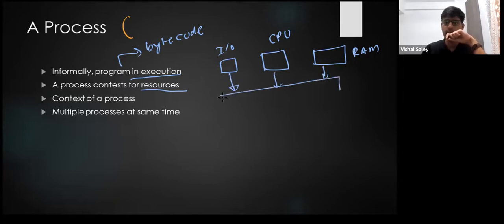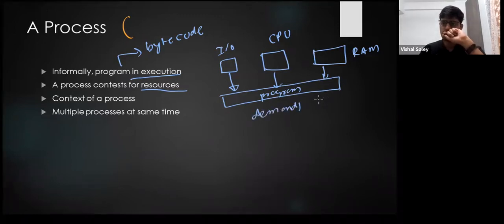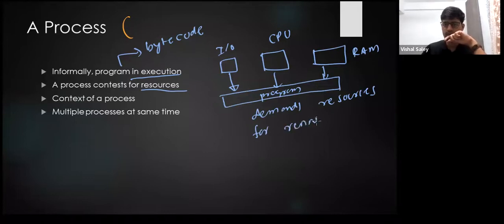So if a program demands these three or more, whatever resources are there, for execution, for running, then we can call it a process. That is also one way of describing it.